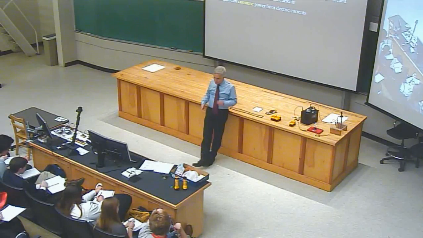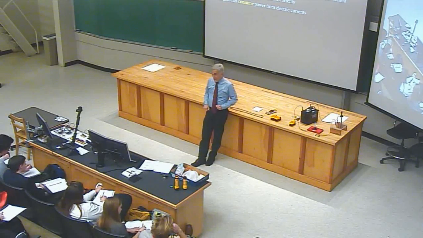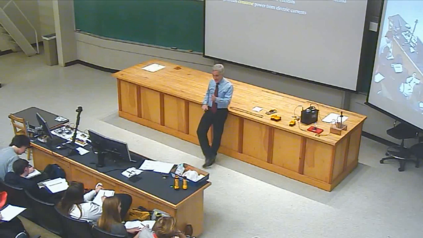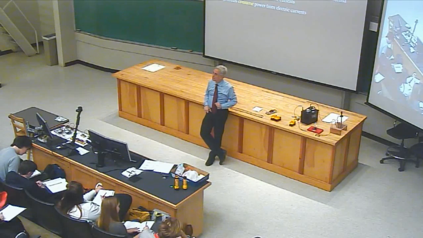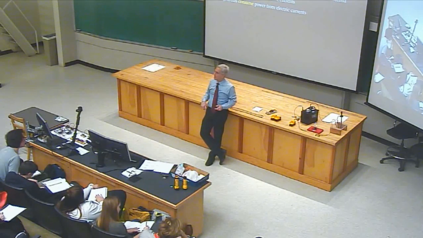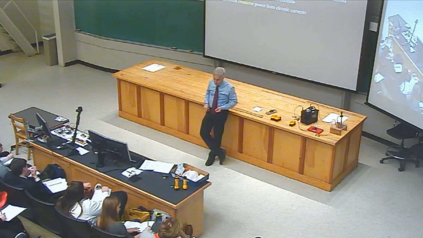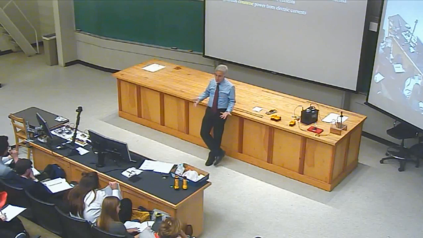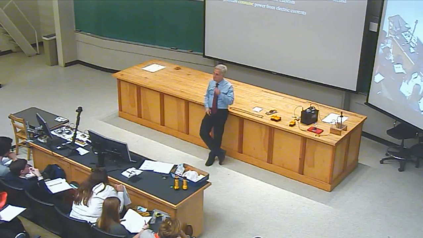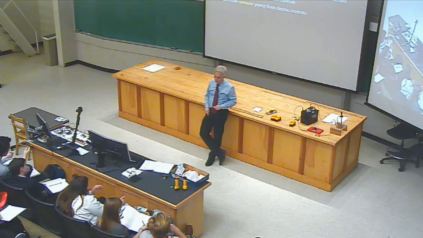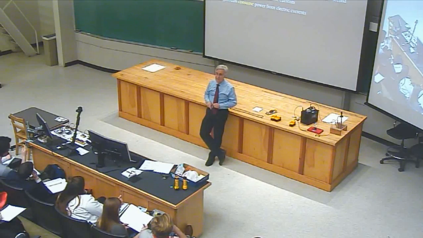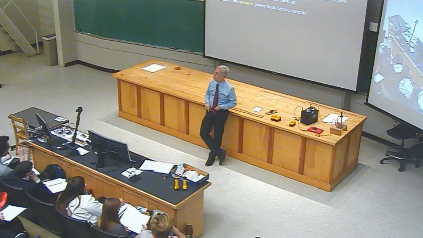If 1 coulomb passes this location every second, that is 1 coulomb per second of current. It's always defined in terms of positive charge. That coulomb per second is so ubiquitous, at least in electrical engineering, that it's given its own name as well. It's called an ampere, or simply an amp for short.